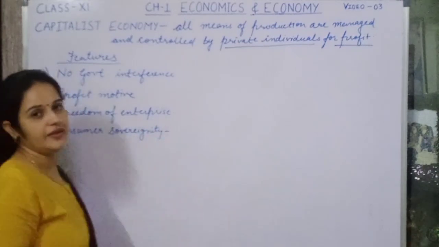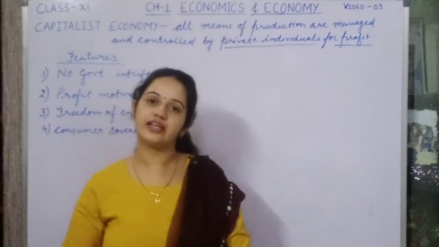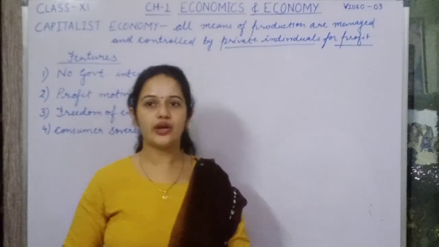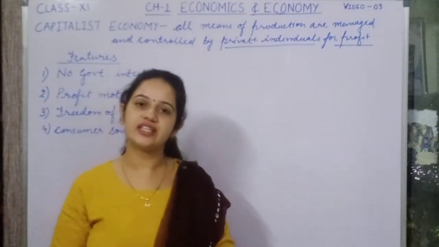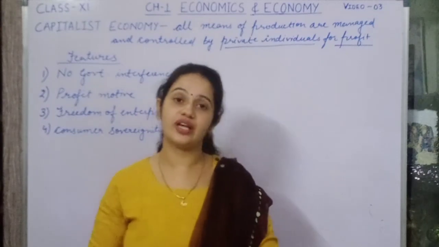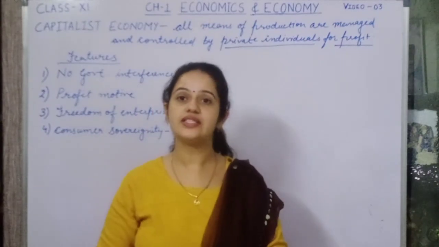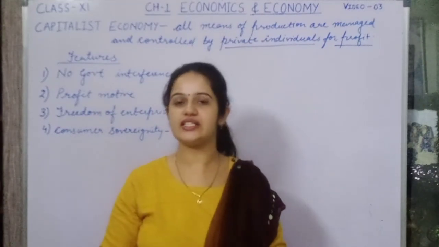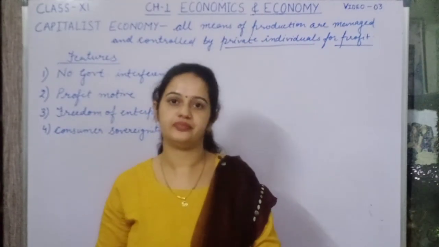In this economy, consumer is the king of market. Or we can say that economy can produce goods and services on the taste and preference of consumer only, because here the consumer has more choices and more freedom.